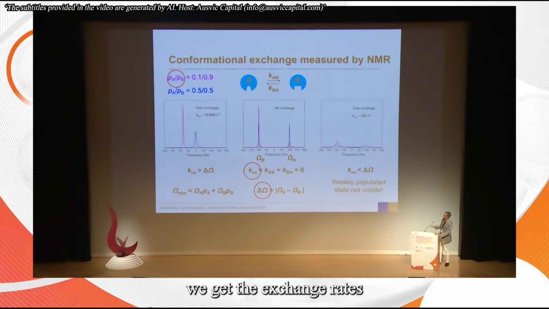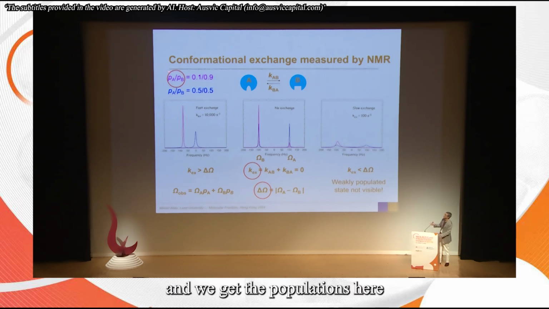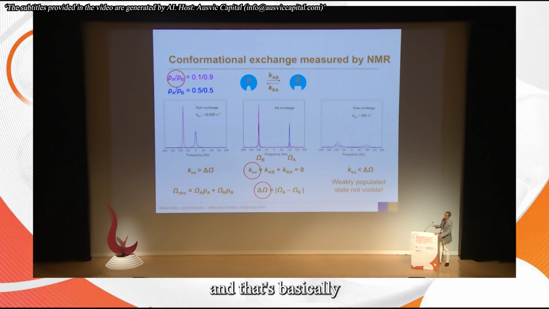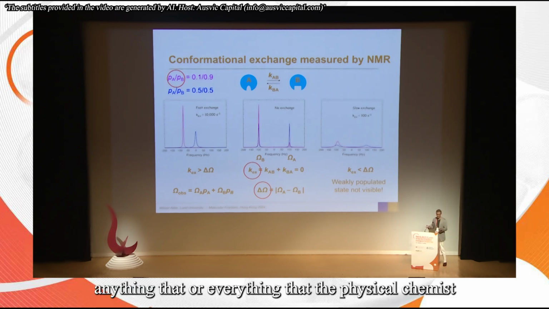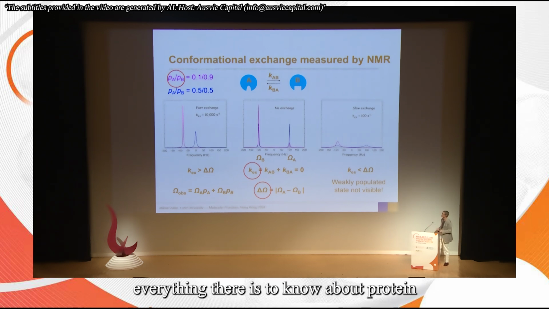We get the exchange rates of the backwards and forwards rates, the sum of those, and we get the populations here. So we get structure, kinetics or dynamics, and we get thermodynamics. And that's basically everything that a physical chemist is interested in knowing. If we know this, we know everything there is to know about a protein.